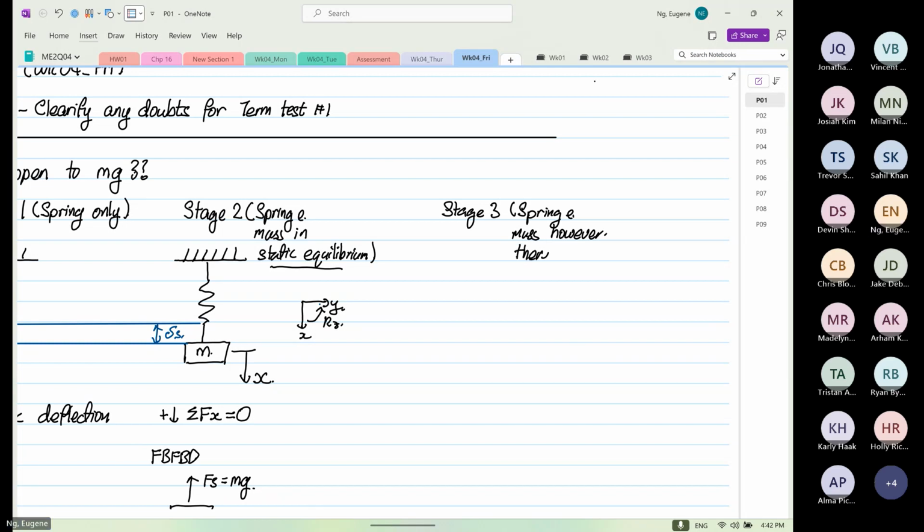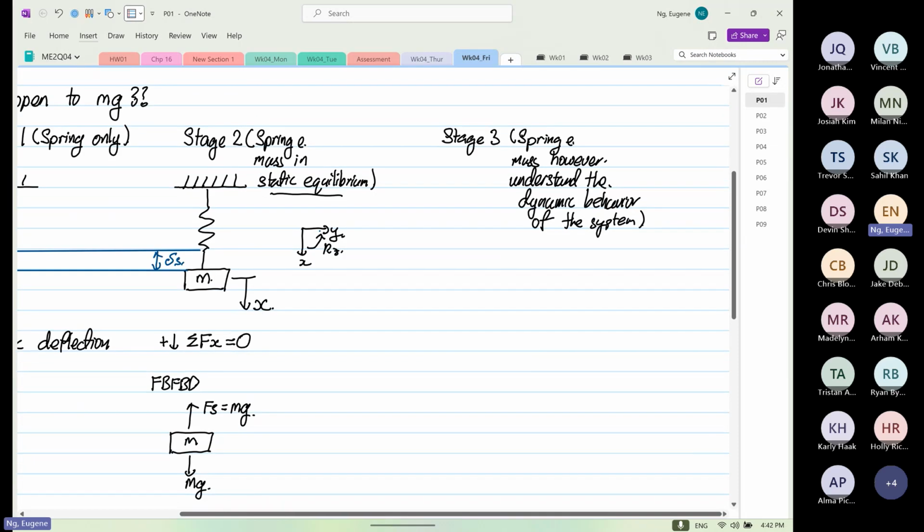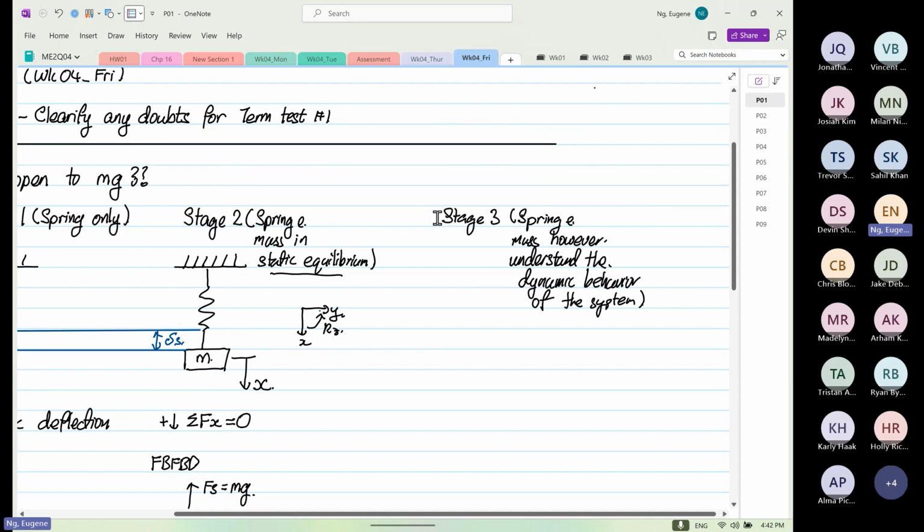However, we want to understand the dynamic behavior of the system. Dynamic means everything is under what? Motion.